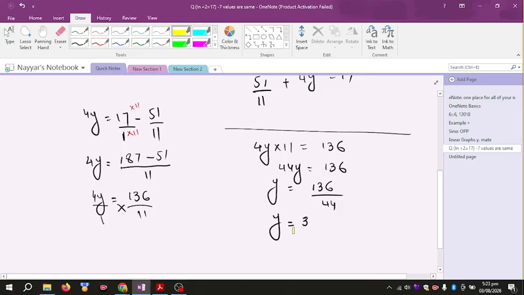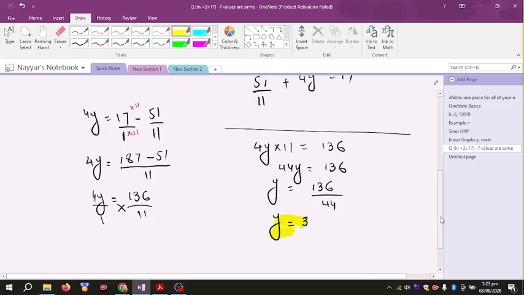Check it again. 136 divided by 44. Yeah, it is 3.09. Okay, so we can write it down as 3. So this is our value of y.